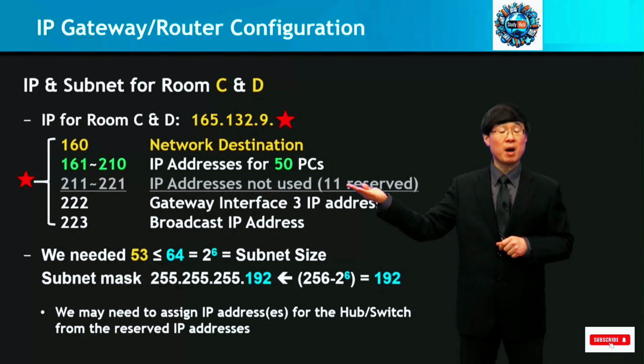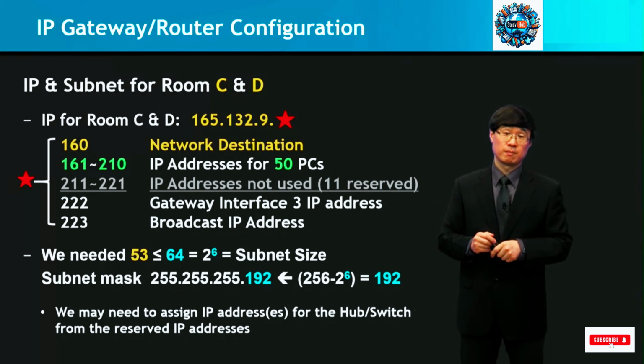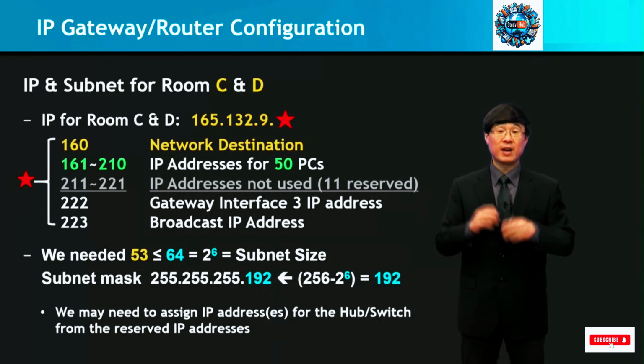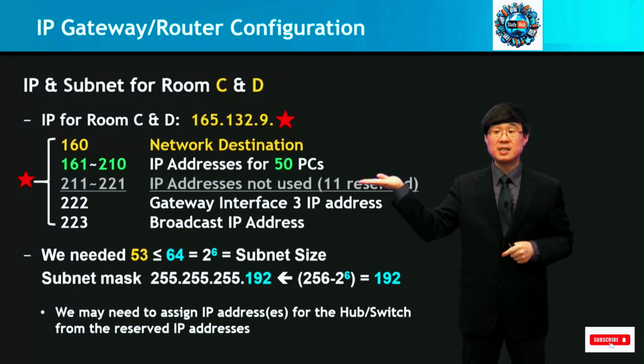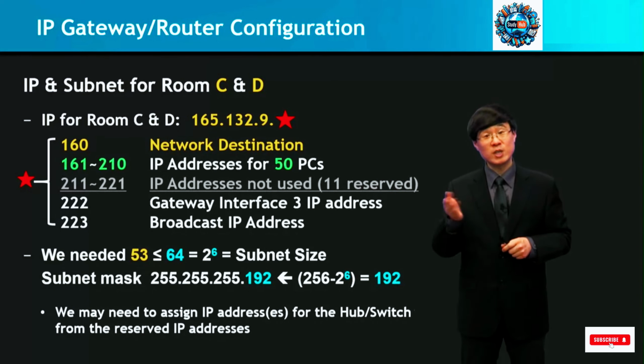Then another one, among these 11, the next highest one, I will assign that to the hub or the switch. If I needed 2 coming in from each side, then I will use 2 among these 11 that I have right here. I have these left over, and I'm not using them, so I might as well use that for them, if the switch needed it.